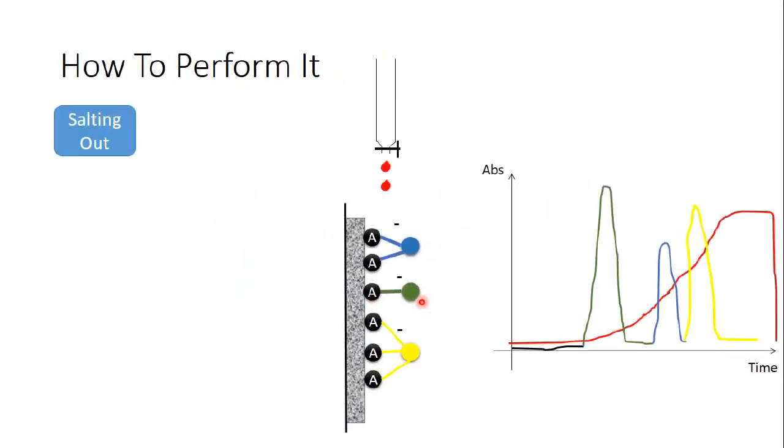When the nucleic acid has, let's say, one nucleotide, it will be eluted first, and then the nucleic acid that has two nucleotides, and then three nucleotides will be eluted. So salting out can also be used to elute our protein or our nucleic acid from the column.